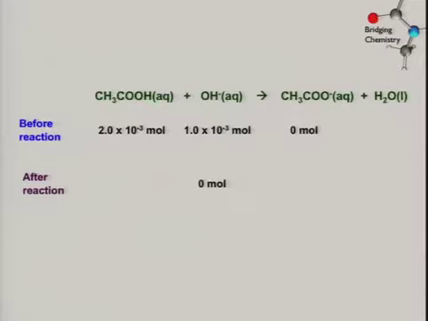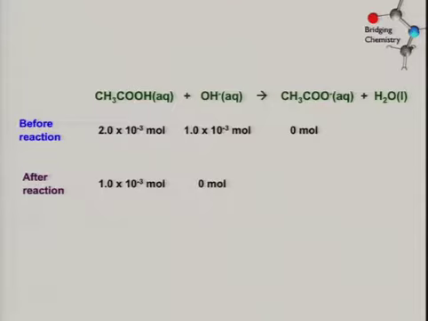And now, what will be the amount of ethanoic acid? The amount of this stuff that will be left after the reaction will be the amount that you started with minus the amount that reacted. And so you're going to be left with 1 times 10 to the minus 3 moles. And then, what about the amount of ethanoate? What will that be after the reaction's finished?